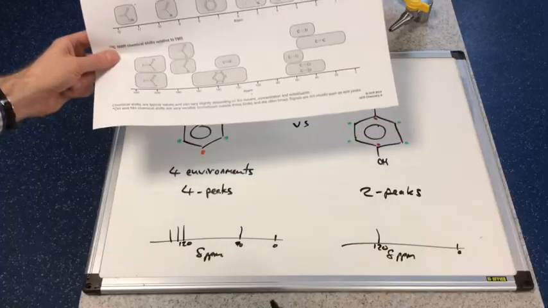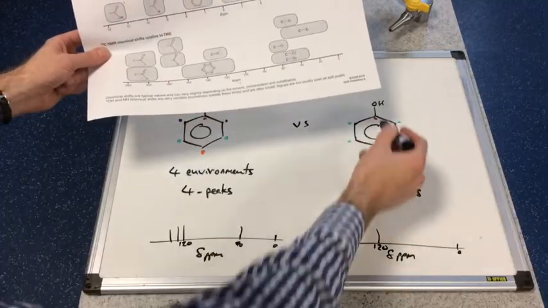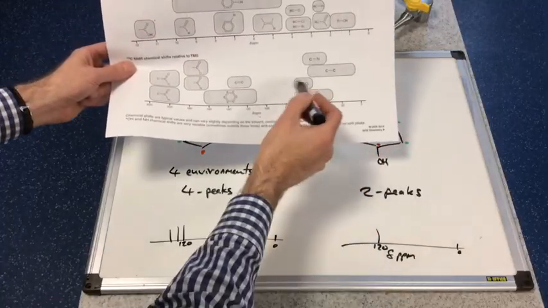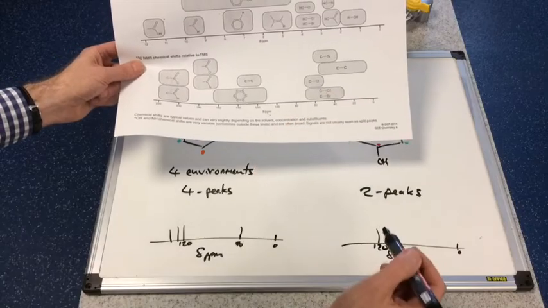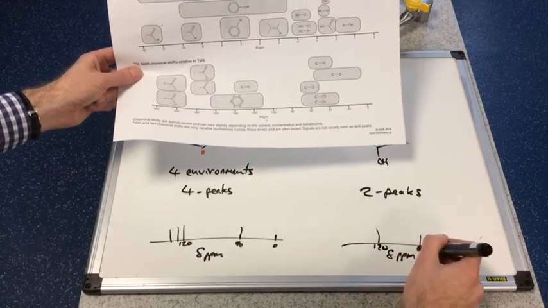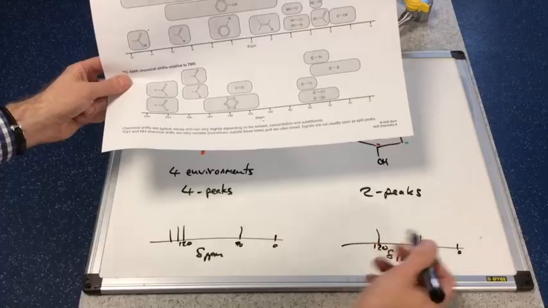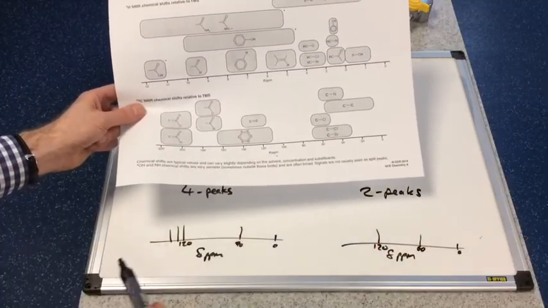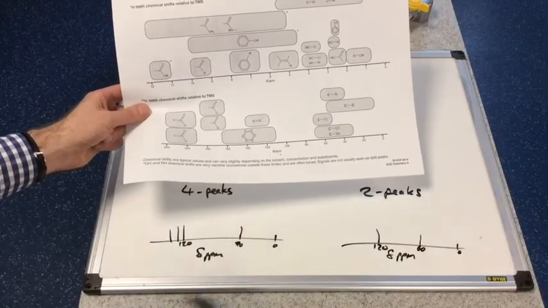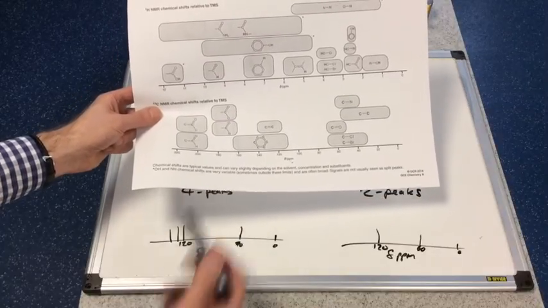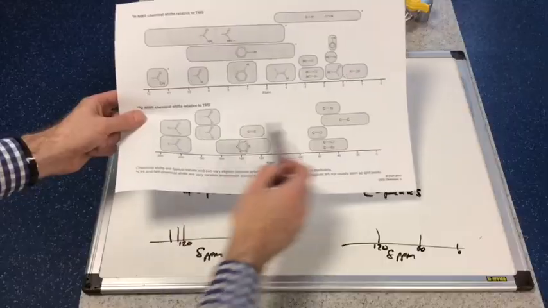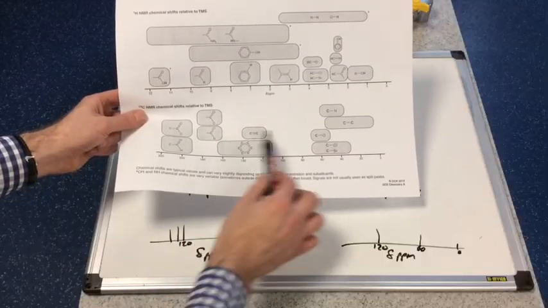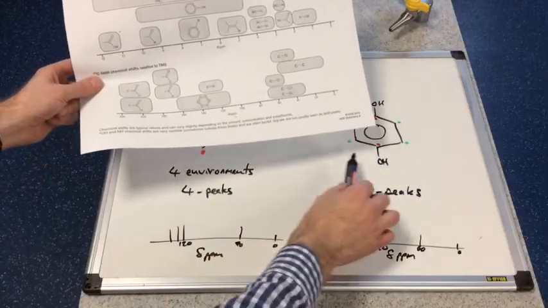So we've got 1 peak there now because these are all equivalent, and then the reds are equivalent, but they're in this environment here, and so we'll go about 60 this time. These are all very approximate, and a more accurate data sheet would give you far more accurate spectra. But for the purpose of the A-level exam, this is the data sheet that you use, and so that's what I've used in these molecules here.